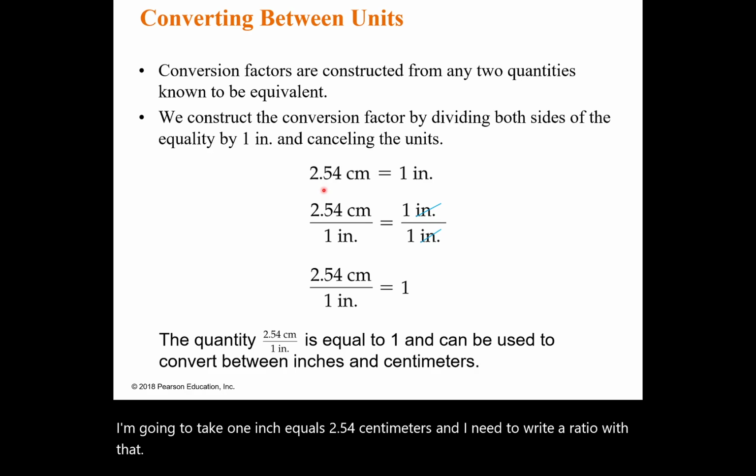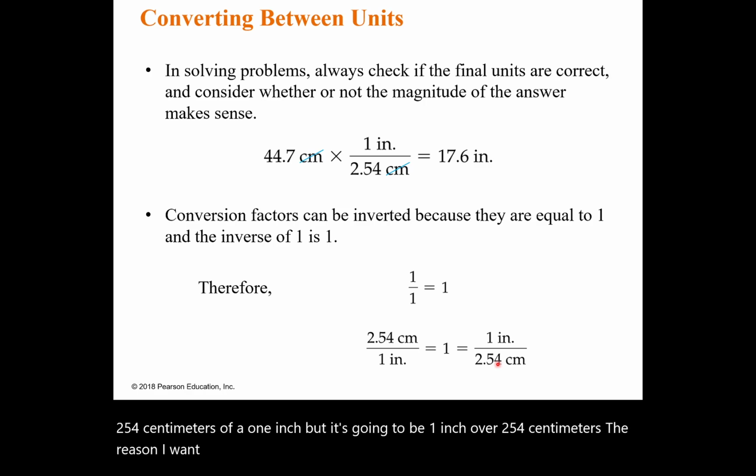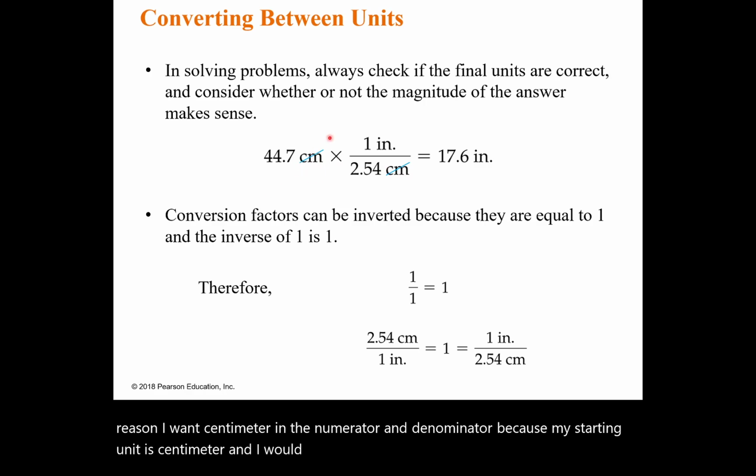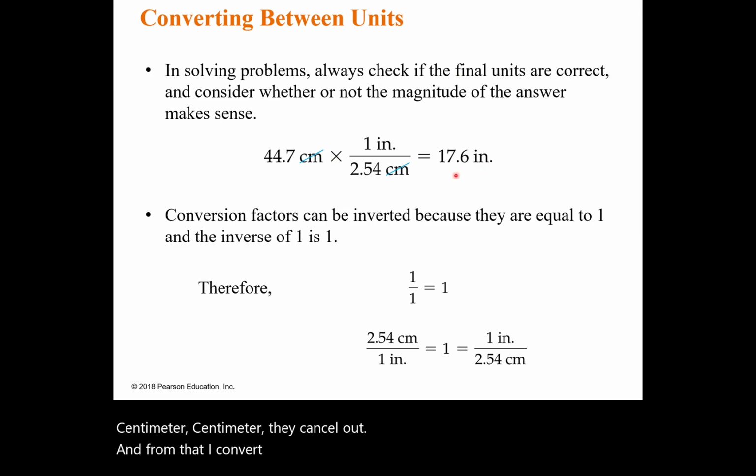The ratio I'm going to come up with is not going to be 2.54 centimeter over 1 inch, but it's going to be 1 inch over 2.54 centimeter. The reason I want centimeter in the denominator is because my starting unit is centimeter, and I would like to cancel out the centimeter. So I go centimeter, centimeter, they cancel out, and from that I convert to inches. All right, that's how it works.